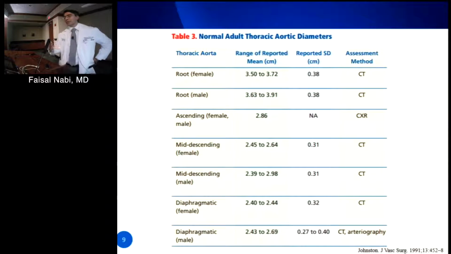From a very recent publication that I read yesterday, normal values for the aorta may not have been very firmly established because they have not been measured in the way that I will be presenting in the upcoming slides. But in general, this will give you an idea. The normal root is between 3.7 and 3.8, and the rest of the aorta should be less than 3.